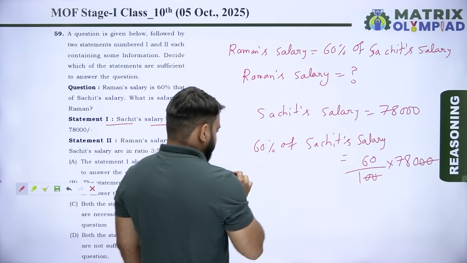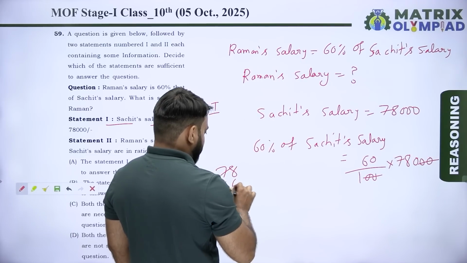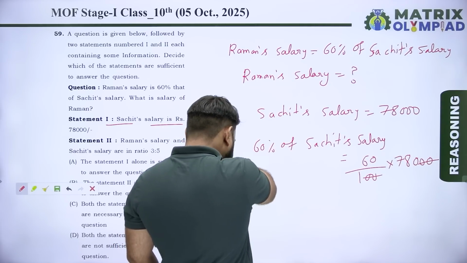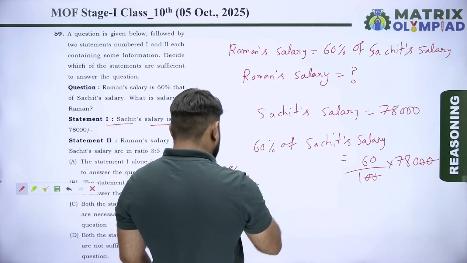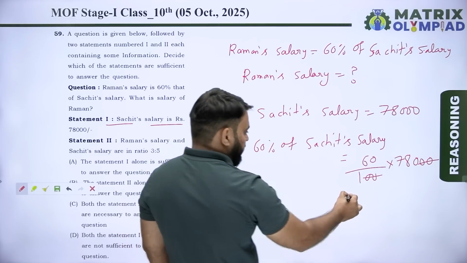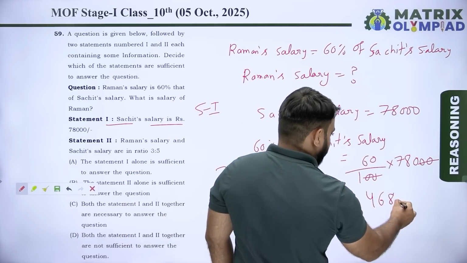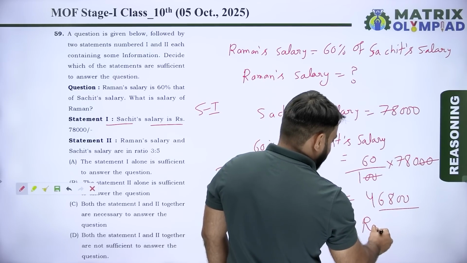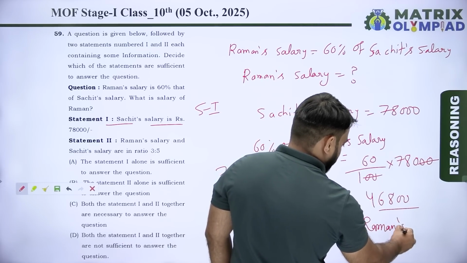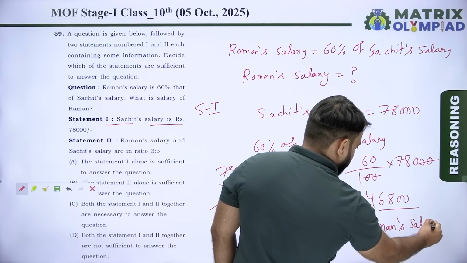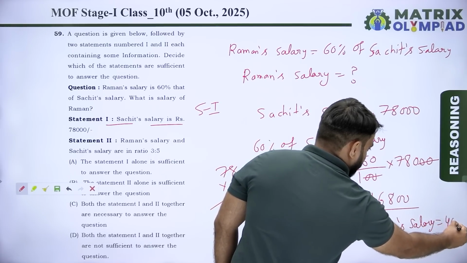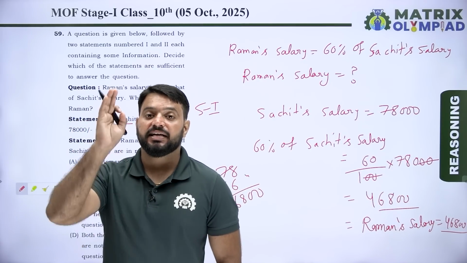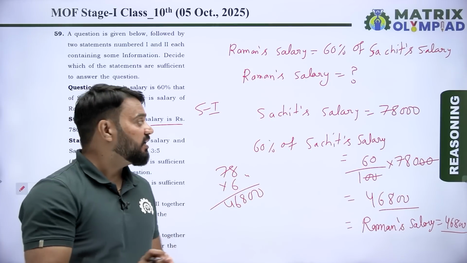So now 78 multiplied by 6, 46,800. So this is Raman's salary. So Raman's salary is equal to 46,800. So statement first alone is sufficient to answer the question.